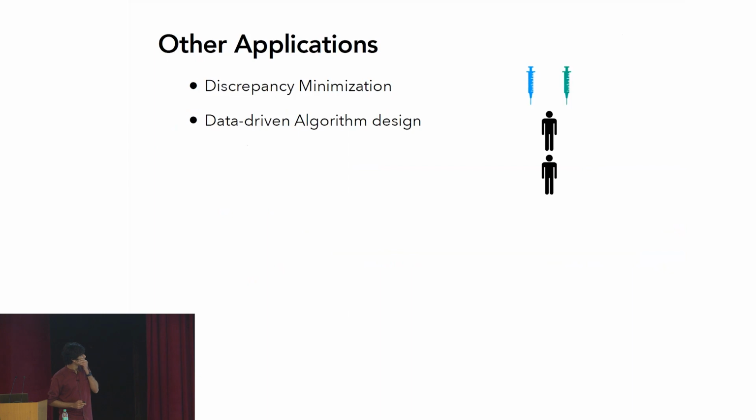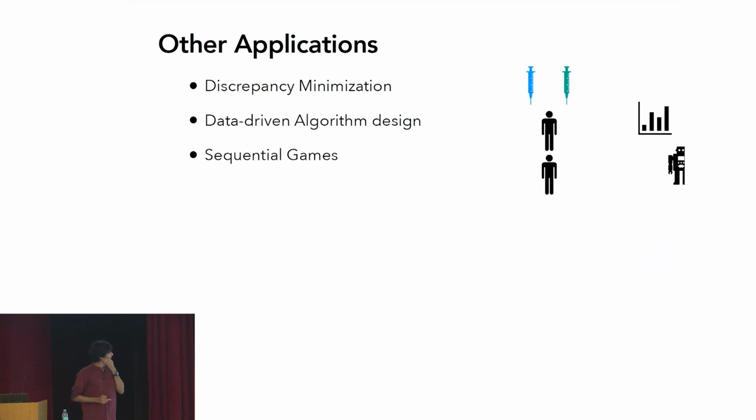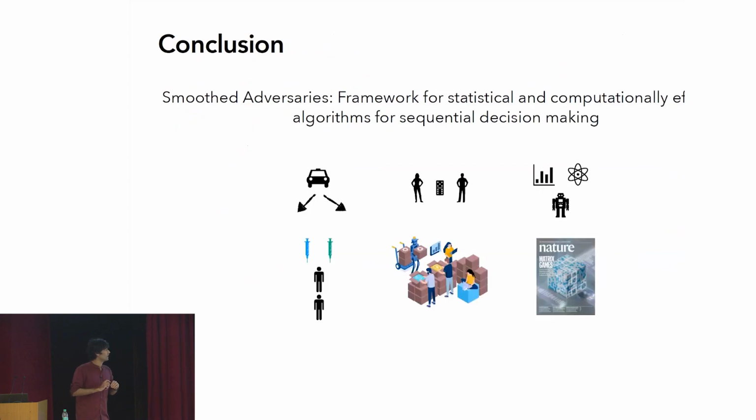And similarly for results about data-driven algorithm design, and we have some forthcoming work on solving sequential games under the smooth setting, where you can get faster convergence to equilibria. Anyway, I presented the smooth adversary model, which gives us a framework for statistical and computationally efficient algorithms for sequential decision making. Thanks for your attention, and I'll take any questions.